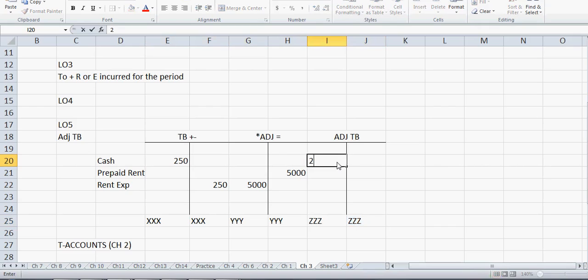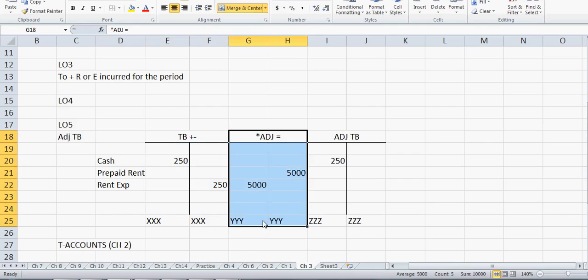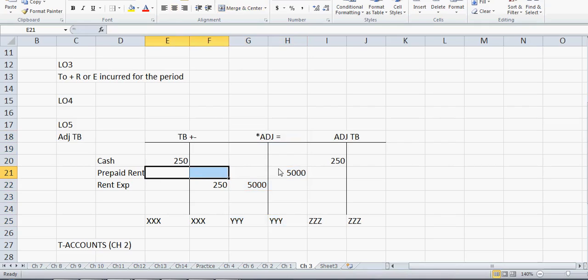I'm going to take my trial balance and my adjustments, and I'm merging them together. Same kind of method that we use to make our T account balance. So prepaid rent, I had 5,000 on the right, so I'm just going to copy 5,000 on the right. And now rent expense, we have 250 on the right and 5,000 on the left.